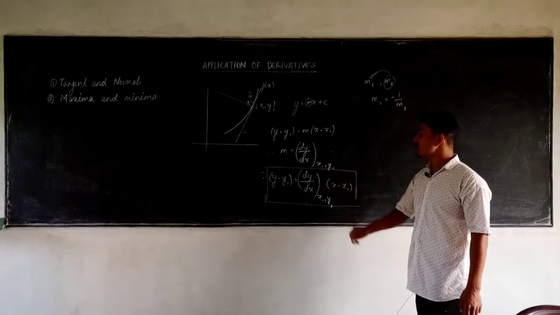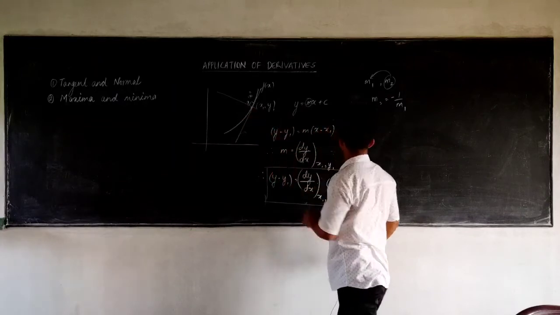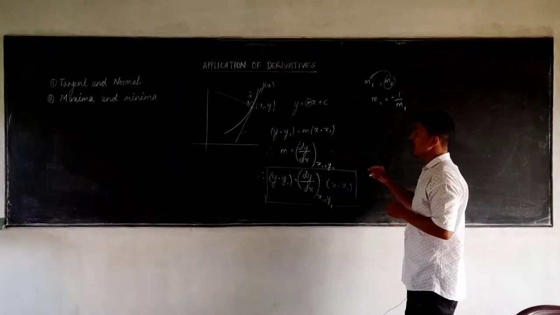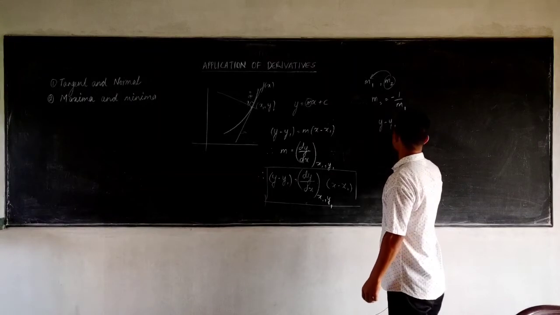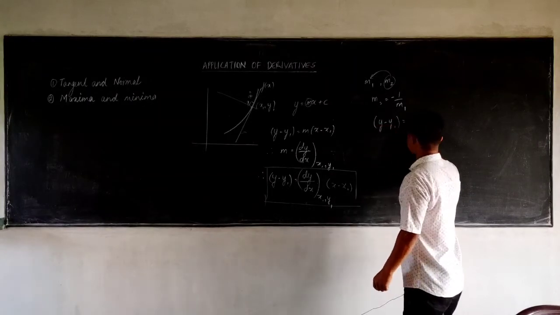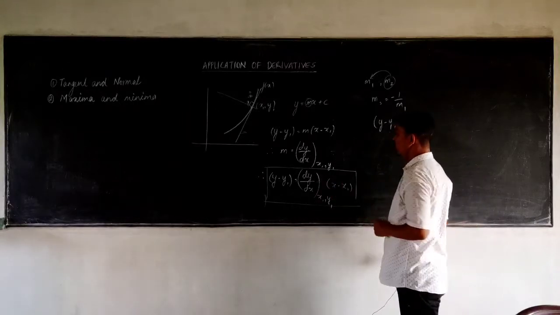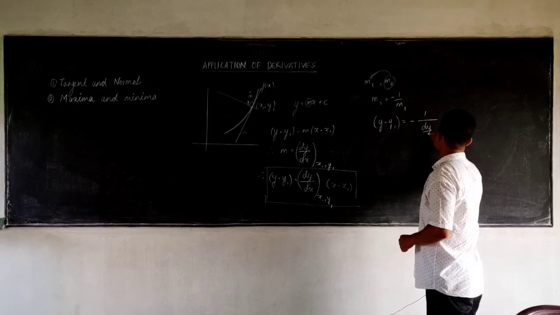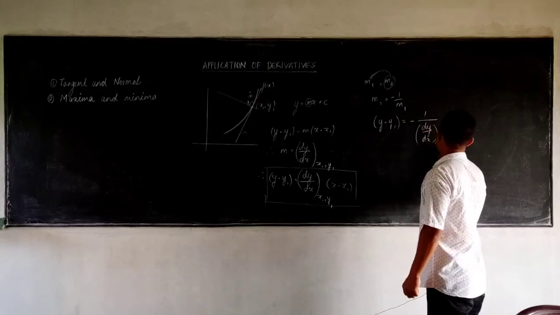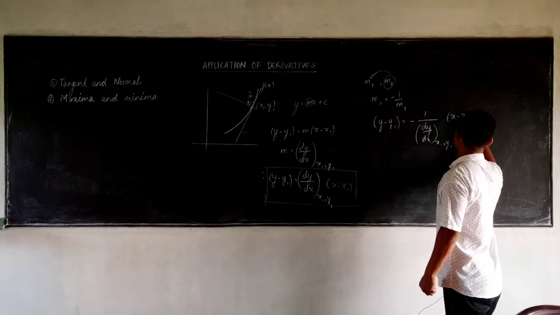The same thing applies here, so the equation of the normal to the curve at a given point can simply be given by y minus y1 equals minus the reciprocal of the slope of the tangent, that is, minus 1 divided by dy by dx at the point (x1, y1), into x minus x1.